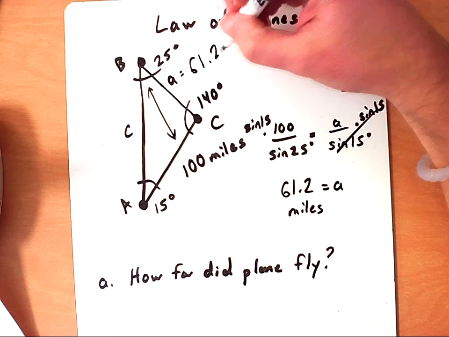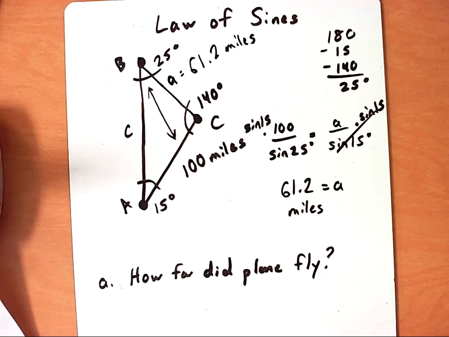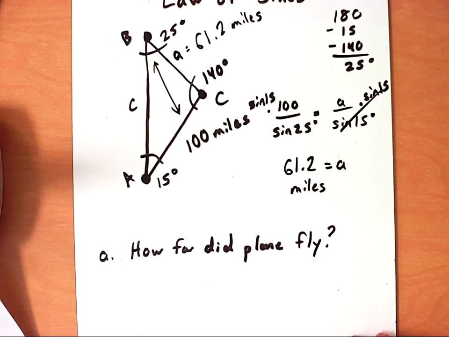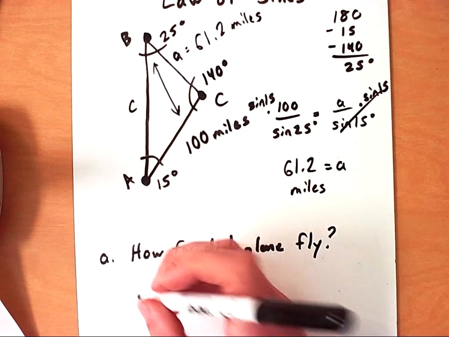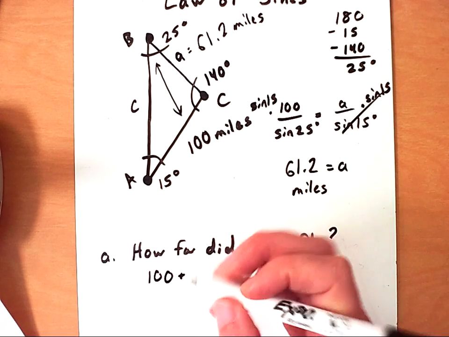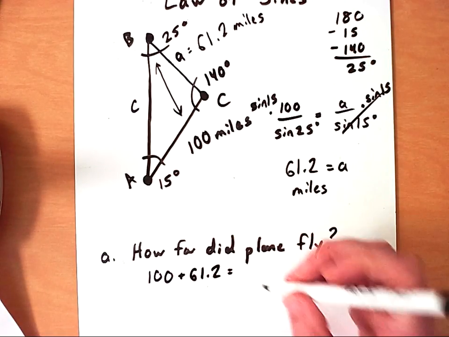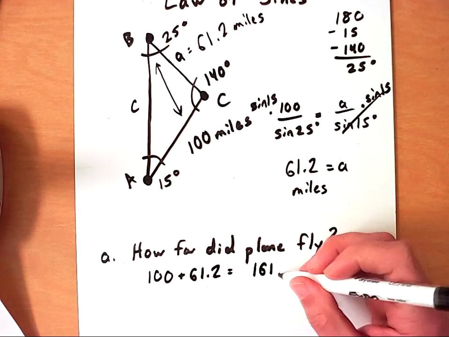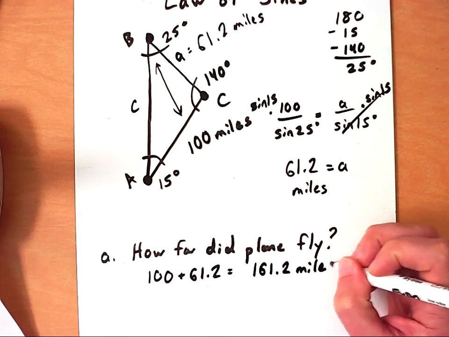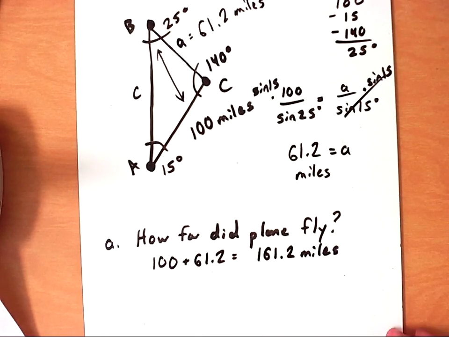All right, so side A is going to equal 61.2 miles. So, if I wanted to know how far our plane actually flew, I could take my 100 miles that we originally flew from points A to C and add that to the 61.2 miles that we flew from C to B, and I would get that our plane had to go 161.2 miles to reach its destination.